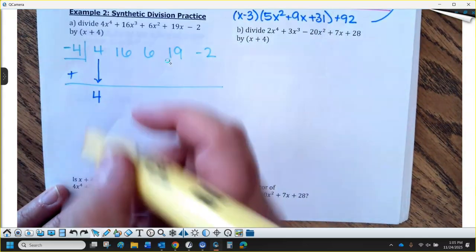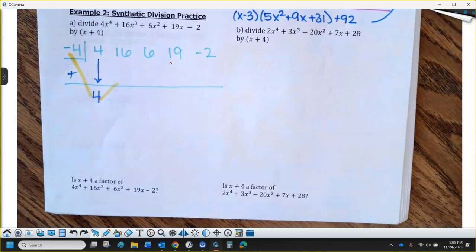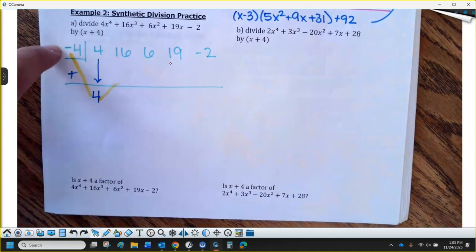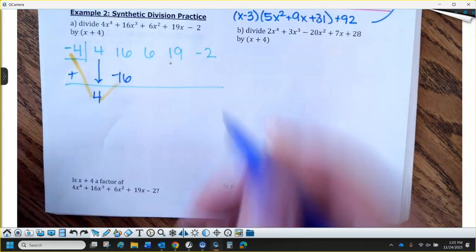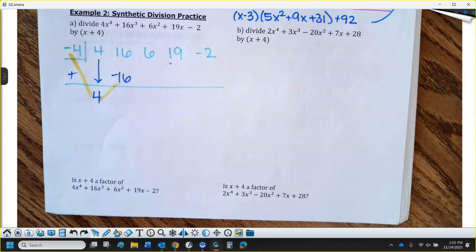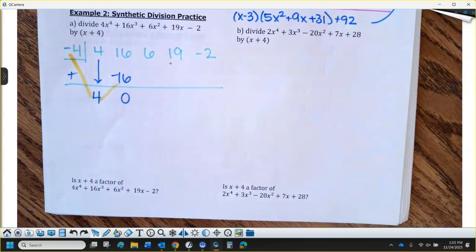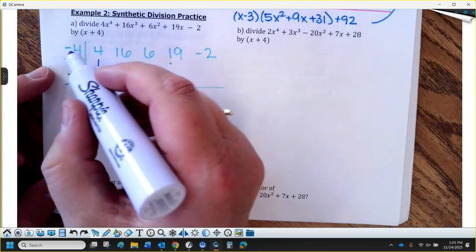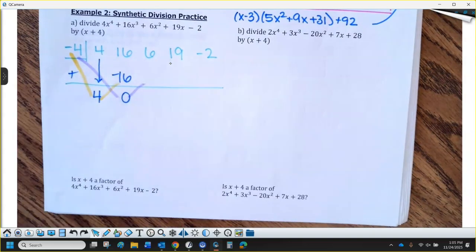So you bring that down, and then we're just going to multiply and add and multiply and add and repeat. So I'm going to take the number outside here, negative 4 times 4. You put that in the next open spot, which is negative 16. Now, if you actually add right here, 16 and negative 16 is 0. All right, then I'm just going to repeat. I'm going to multiply and then put it in the next open spot.